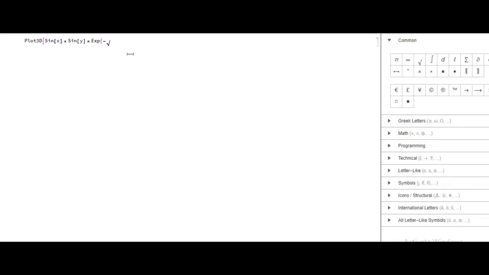Then we write x square plus y square, this one we put in brackets, divided by 4, bracket close.